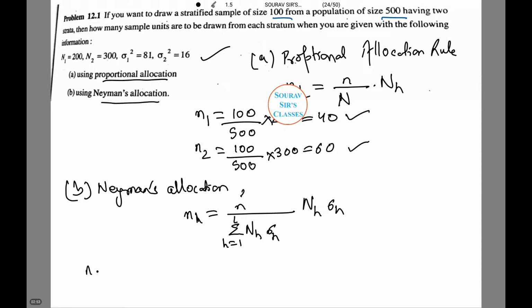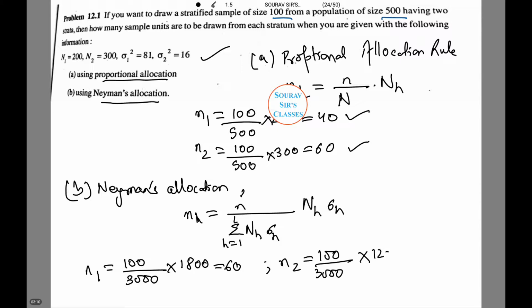Hence, n1 equals 100 by 3000 into 1800, which equals 60, and n2 equals 100 by 3000 into 1200, which equals 40. And thus our question is solved.